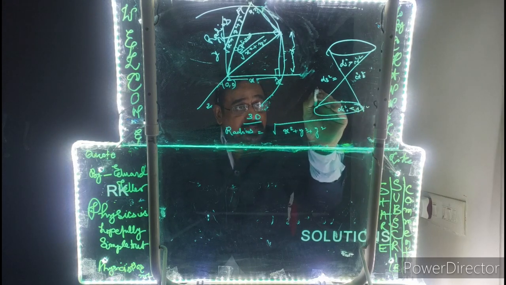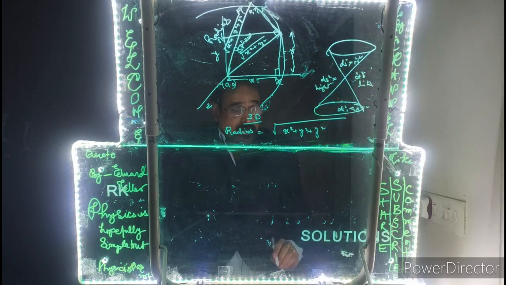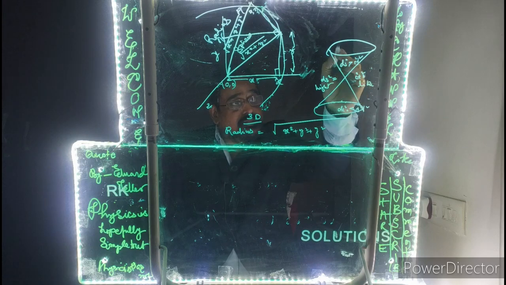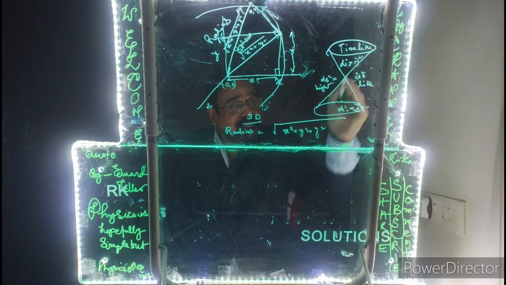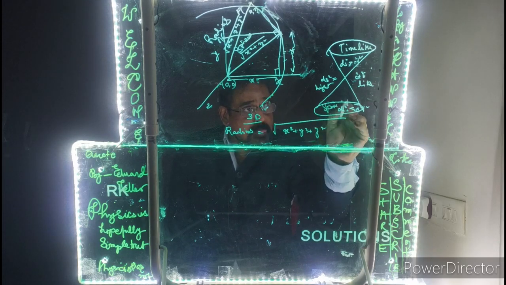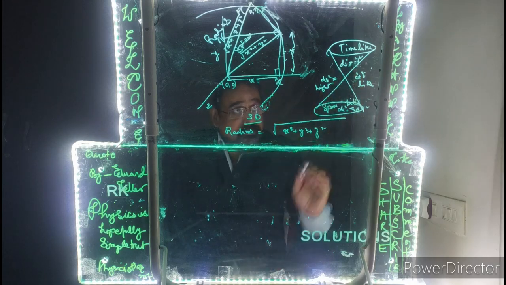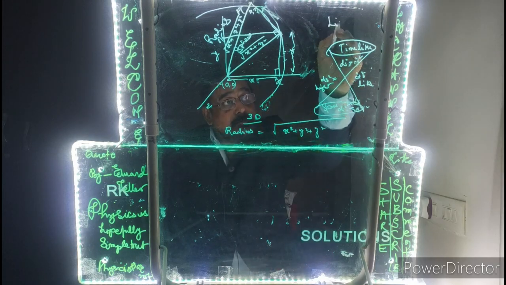This is light like. This is time like. This is space like. Regions, right? This is basically the light cone.